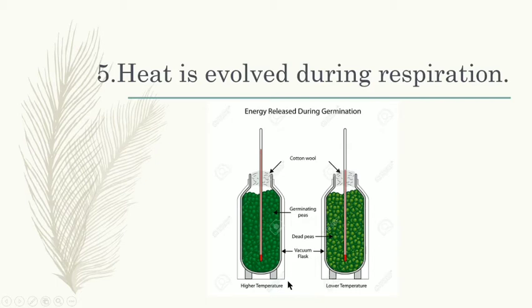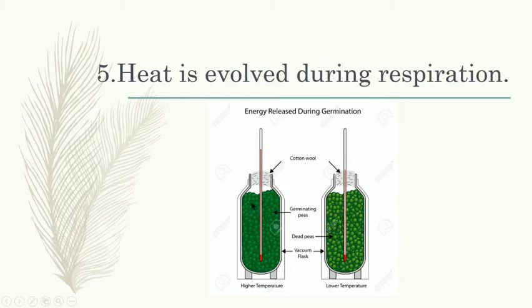Now taking some soaked seeds. We place some seeds in water for 24 hours; they are the soaked seeds. We take an equal number of soaked seeds, and half of them we are going to boil.